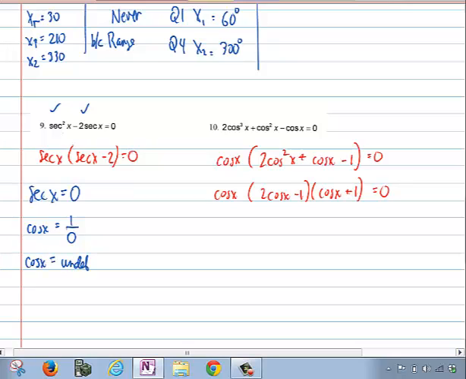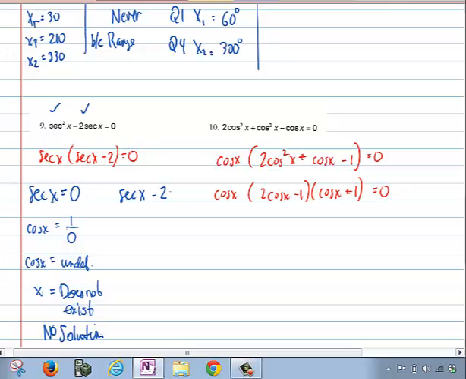The angle that makes cosine undefined does not exist. So for this, there is no solution.